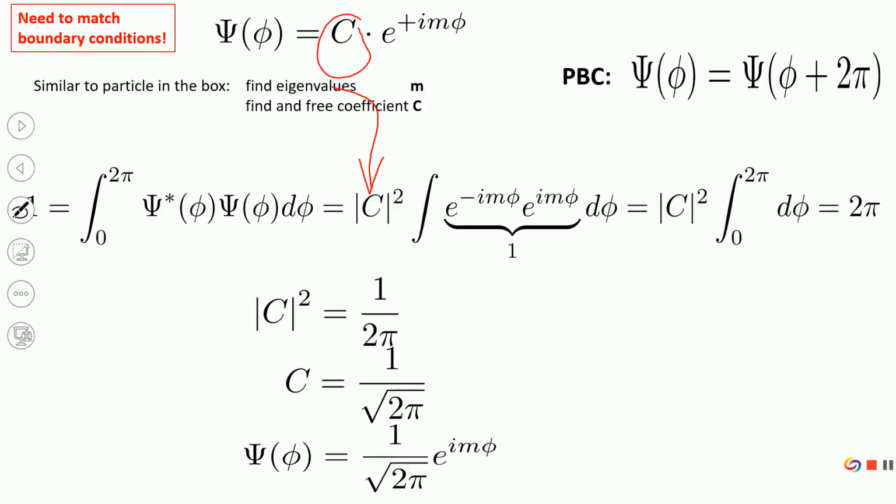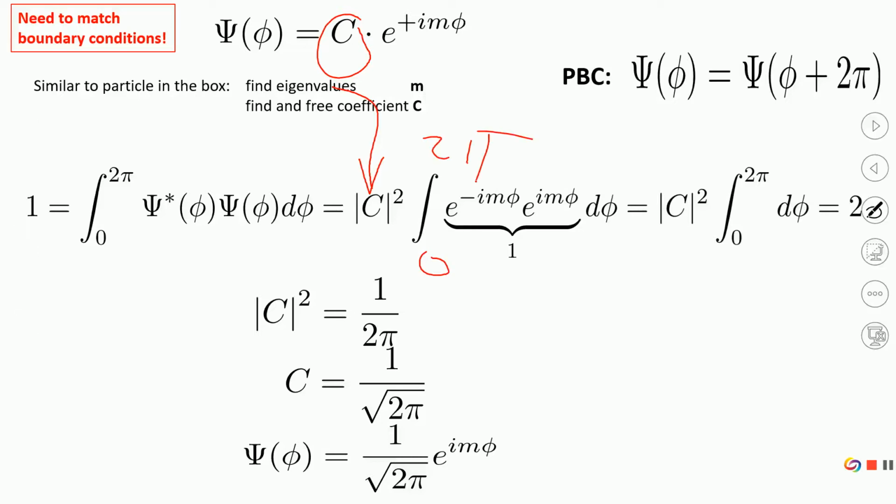So, normalization constant. Here, because of conjugation, we have exponentials revolving in opposite directions, so they cancel. And the integration goes from 0 to 2 pi, which means upon integration we get just 2 pi, right? So 2 pi c squared.